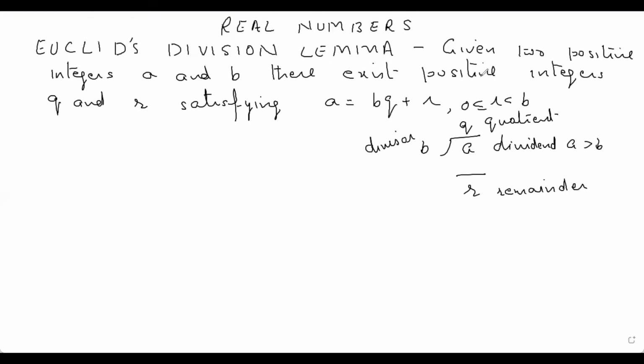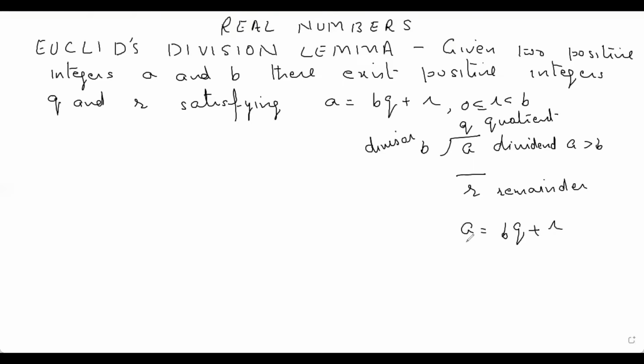He says, given two positive integers a and b, there exist positive integers q and r satisfying a is equal to bq plus r. Now here a is equal to bq plus r. We multiply the divisor with the quotient and we add the remainder to this.